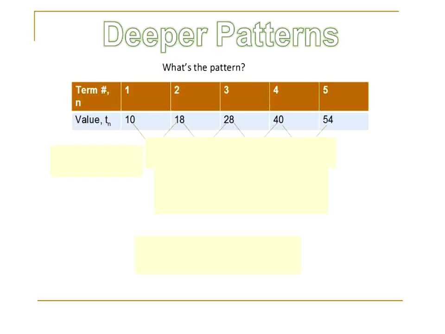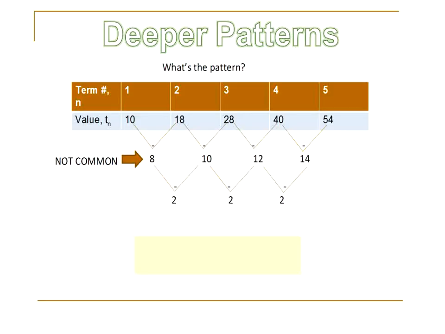So let's take a look at some deeper patterns now. If we have this pattern 10, 18, 28, 40, 54, your first inkling is to find the common difference by subtracting, and that doesn't look like it's common. But of course, if you investigate this pattern a little bit, you'll see that in this first level of difference, there is a pattern.